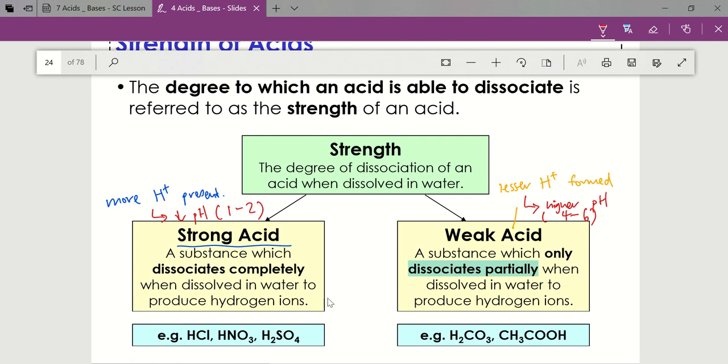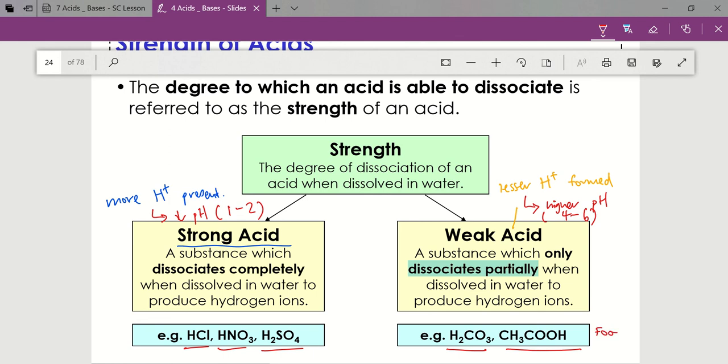Some of you may be wondering what are some examples of strong acids. You can see over here, I've got hydrochloric acid, nitric acid, and sulfuric acid. These are examples of strong acids. For weak acids, we've got things like carbonic acid and ethanoic acid. These are acids that I see mainly in foods.